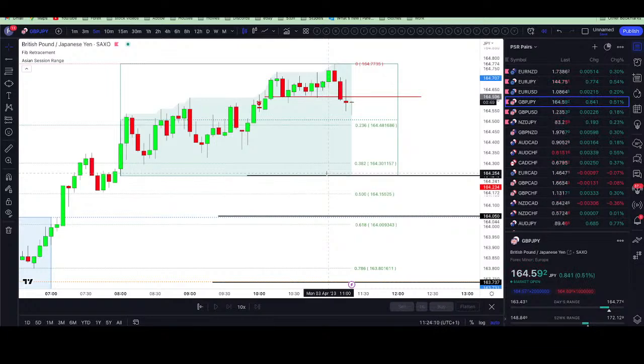A strong pullback on EJ right now. So it seems like EJ, they're going for that liquidity on the 1 hour right now.